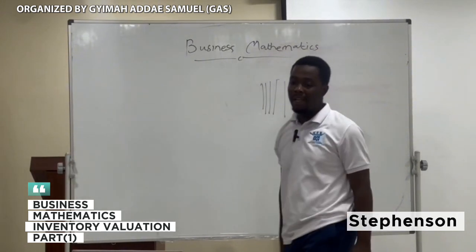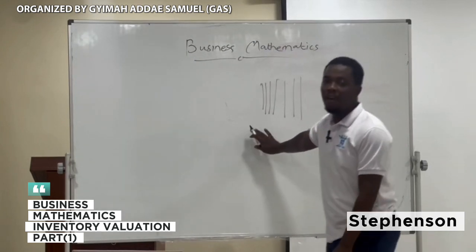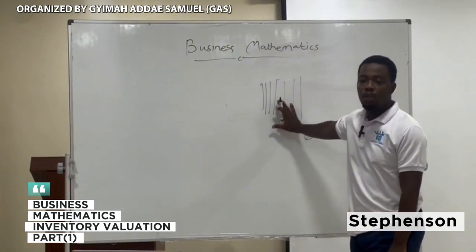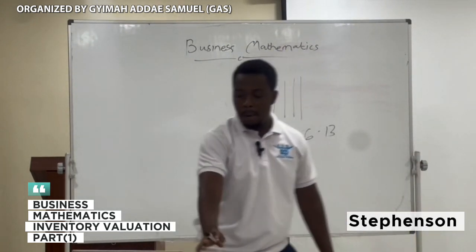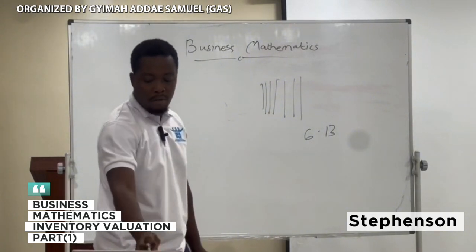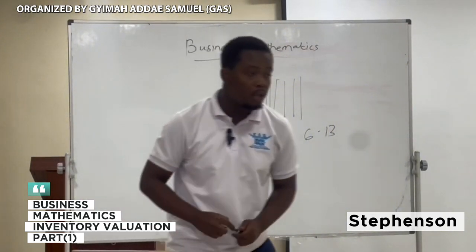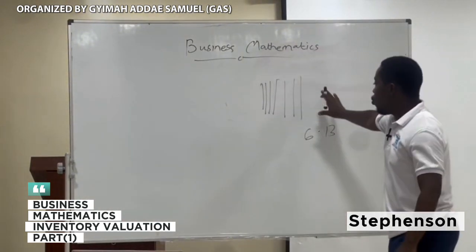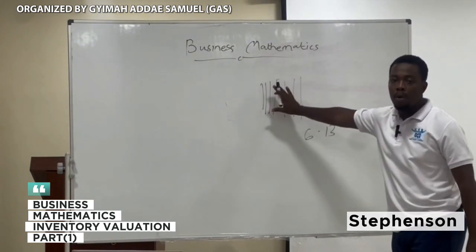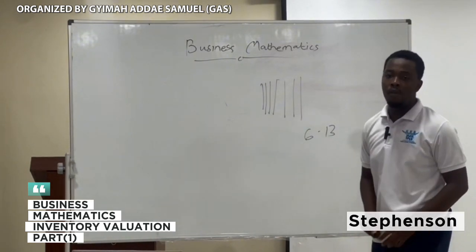So with perpetual inventory or universal product code, you will just see a code. With this code, the organization has a way of taking the inventory.